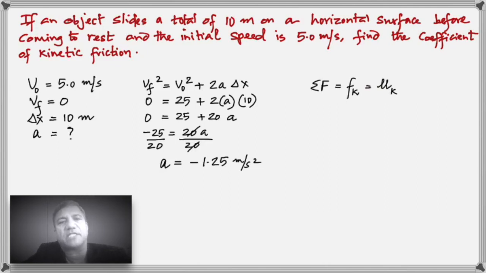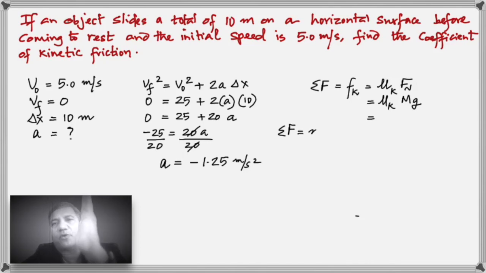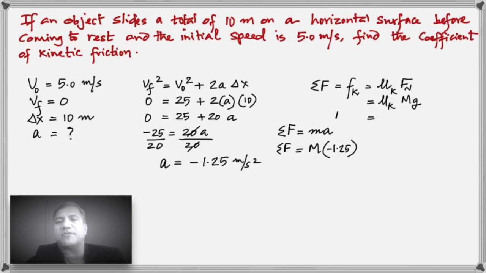Once we know the acceleration, we can find the net force, because by Newton's second law, net force is mass times acceleration. But there's only one force in this case, which is friction. So the net force is actually kinetic friction, which is given by that formula. And again, like in the last case, the normal force is balanced by the weight, so mu k times mg. So we can find the net force, and that is mass times negative 1.25.